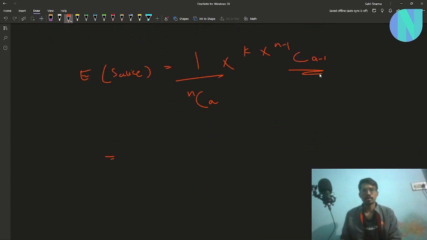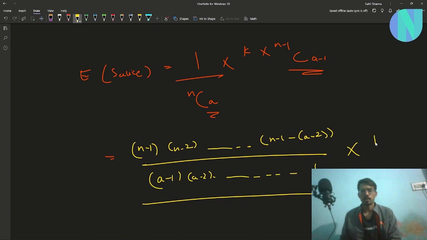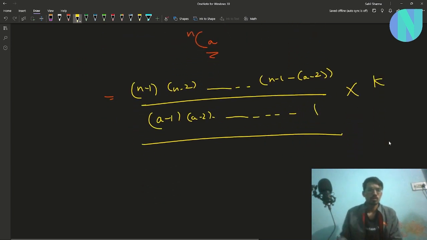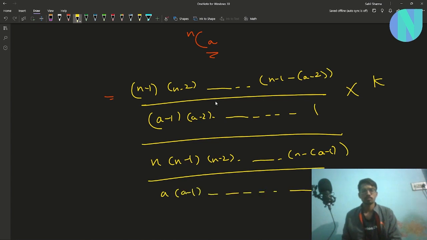And if you expand these two terms, we get n minus 1, n minus 2, and so on up to n minus 1 minus a minus 2 over a minus 1, a minus 2, and so on up to 1, and into k. We have n into n minus 1 into n minus 2, and so on up to n minus a minus 1, and we get a minus 1, and so on up to 1.